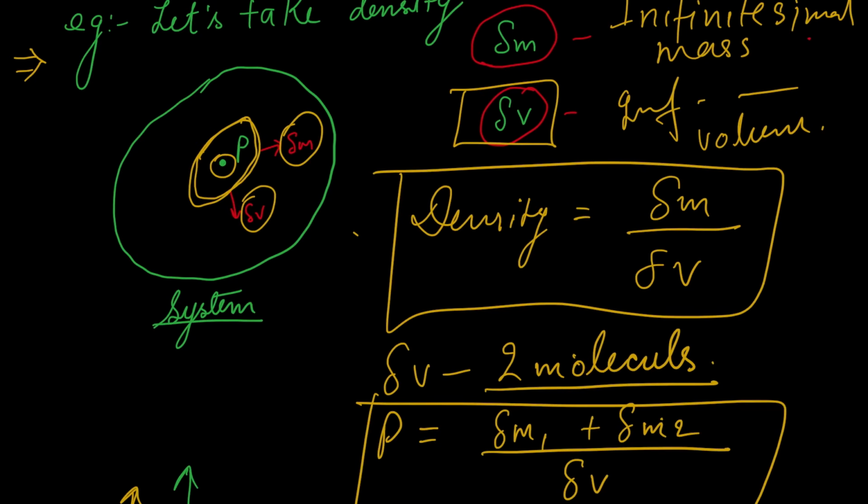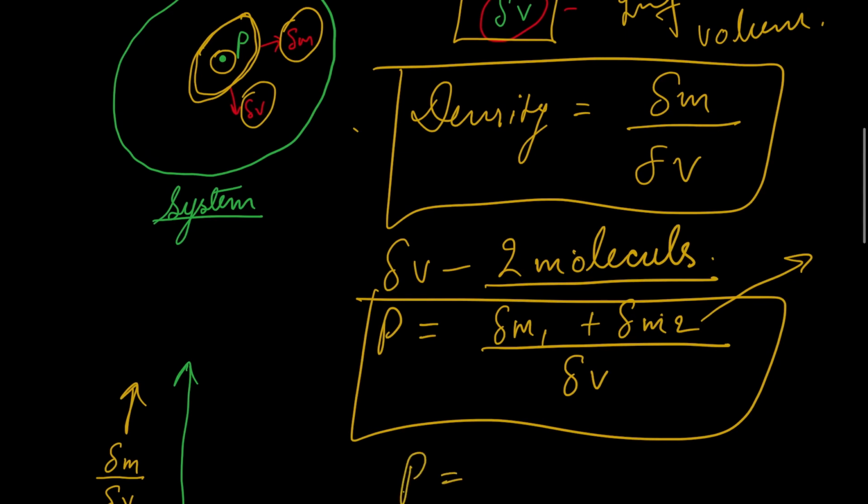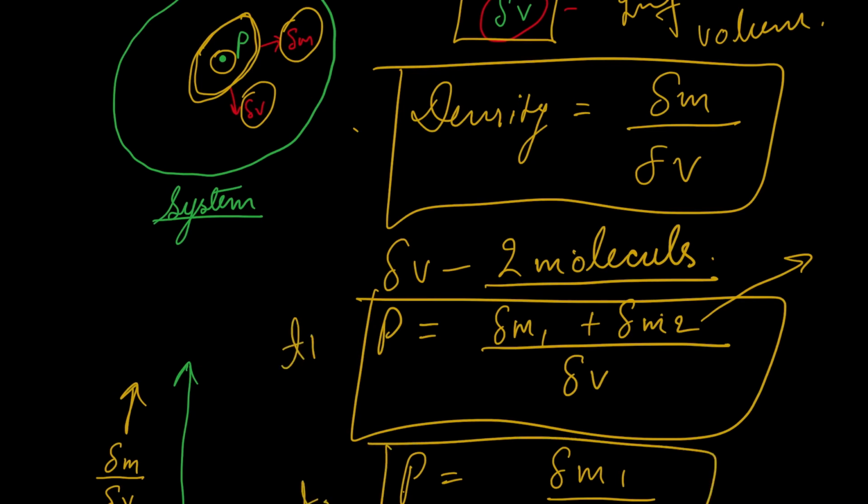Now, since there are only two molecules, and these molecules may leave the system with time, they are not at one single point. If one molecule leaves the system, what does my density become? My density now becomes delta M1 by delta V. This was at time t1, this was at time t2. So you can see my density got affected by a large amount.